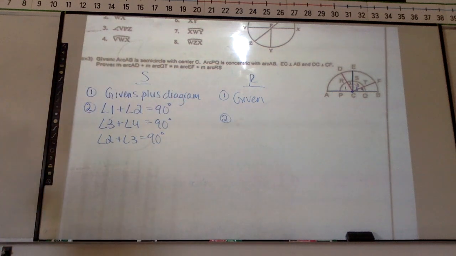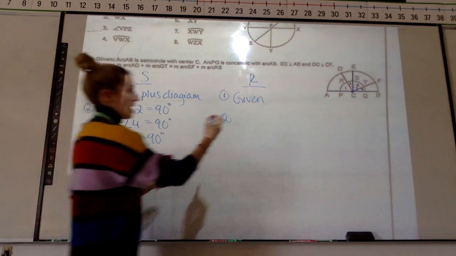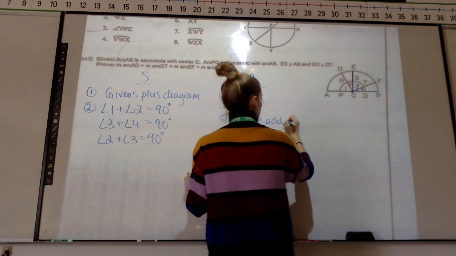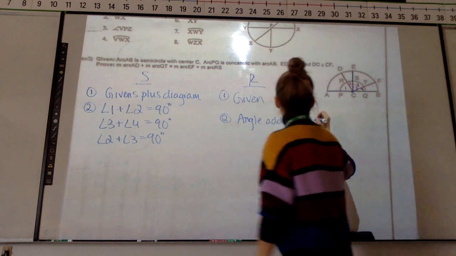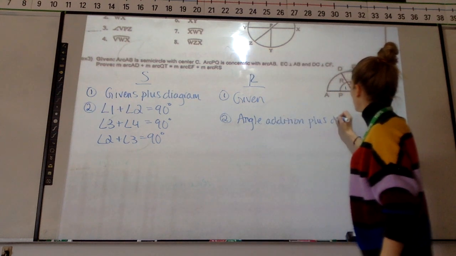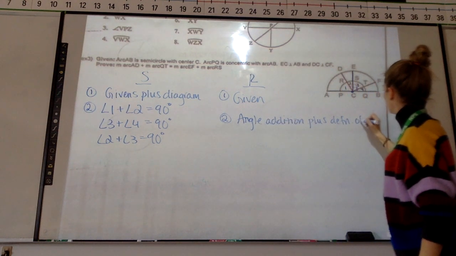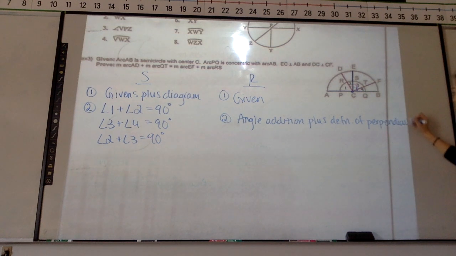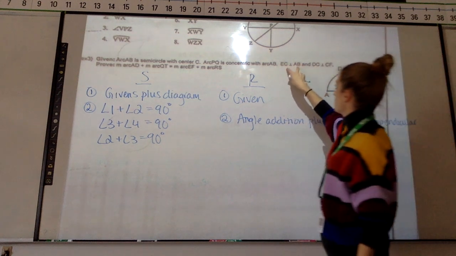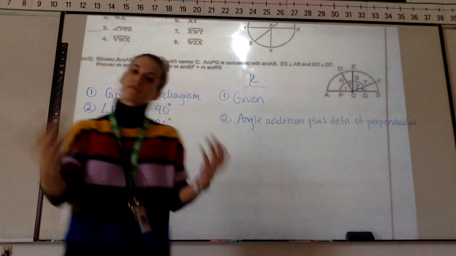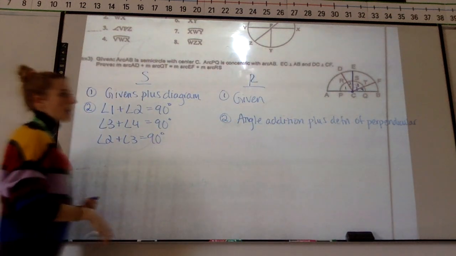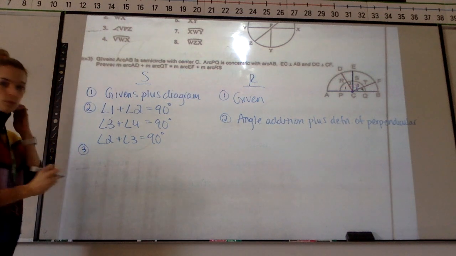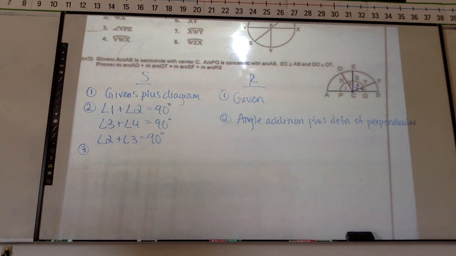The reason I know that is because of angle addition plus the definition of perpendicular. You were given perpendicular line segments in the beginning, so we're referring back to that. Plus, I'm using angle addition. Taking a few shortcuts in this proof just to cut down on length.